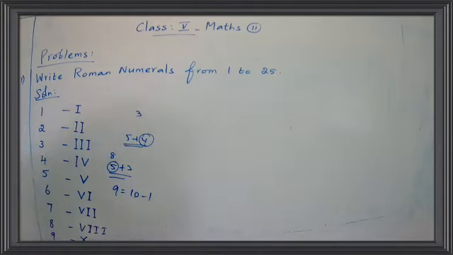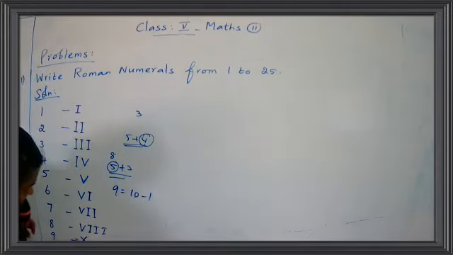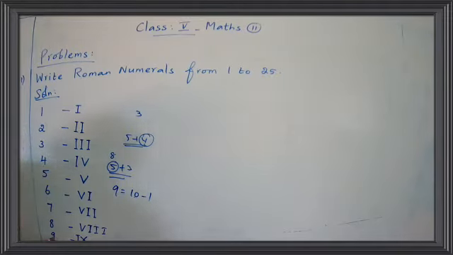So where should we put I? Before the large number. The second rule: when I, X, C are written before the large number, it is to be subtracted. So our answer is IX. IX stands for 9.